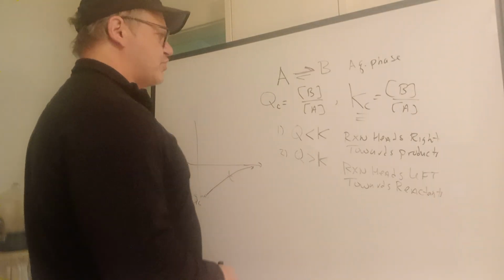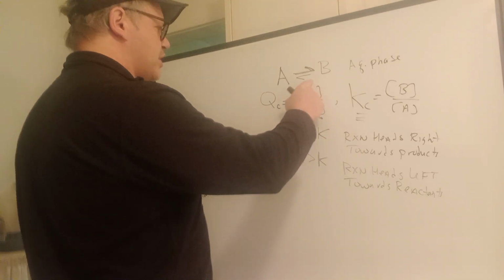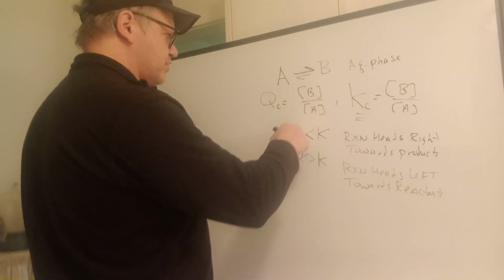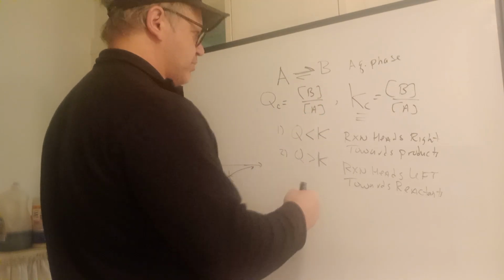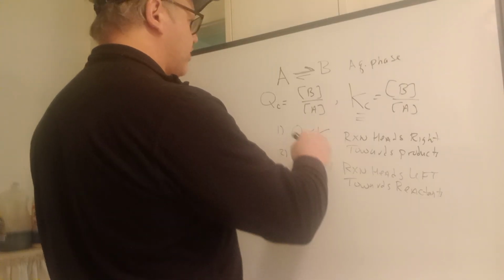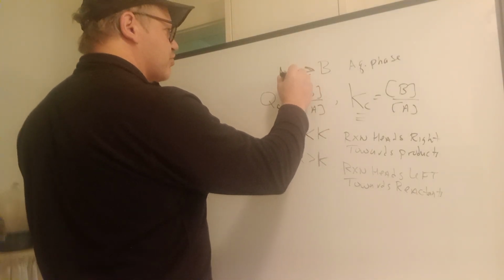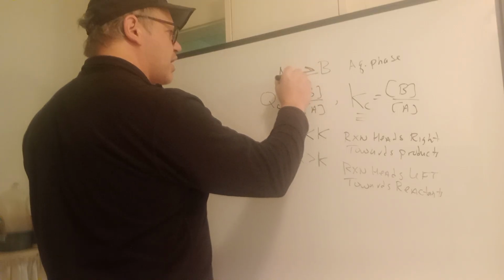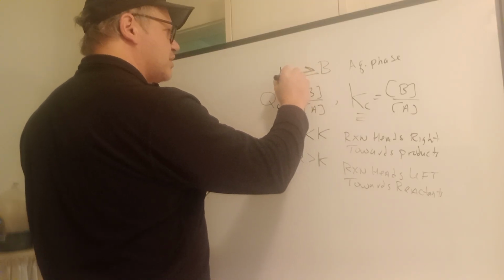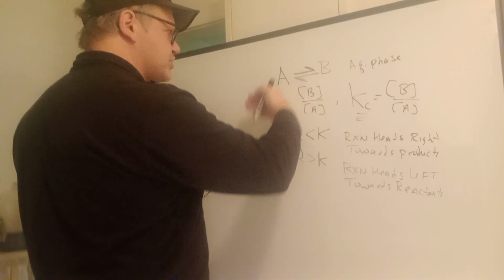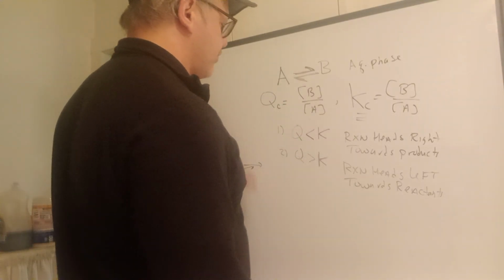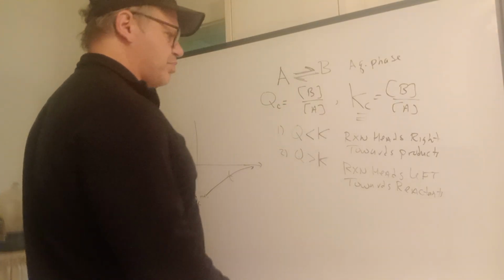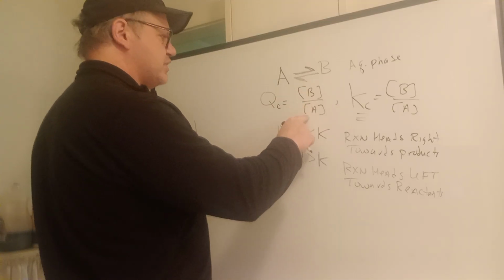And so if we have Q greater than K, we have too much B relative to A for the system to be at equilibrium. So what do we do? We head left by increasing the rate going in reverse relative to the rate going forward. So we build up A relative to B.